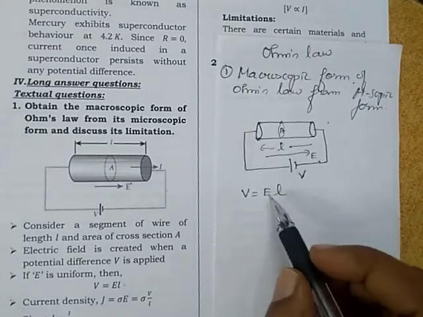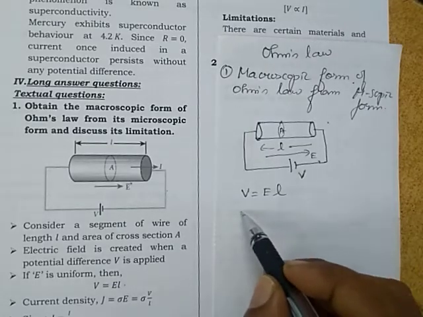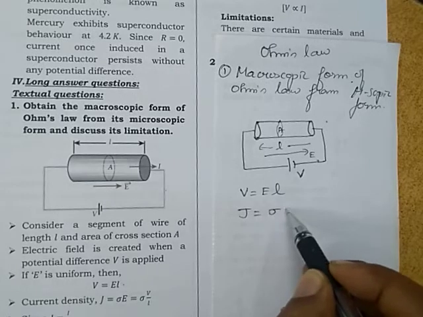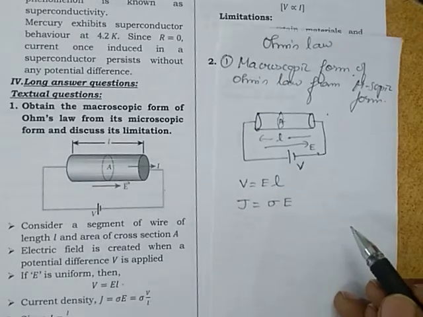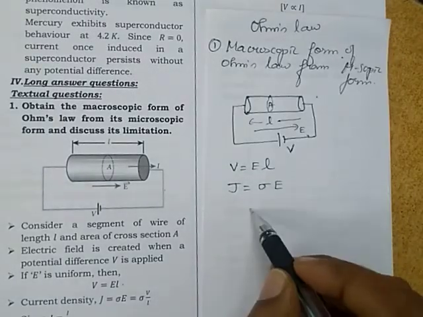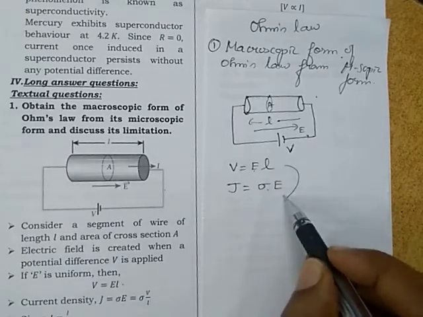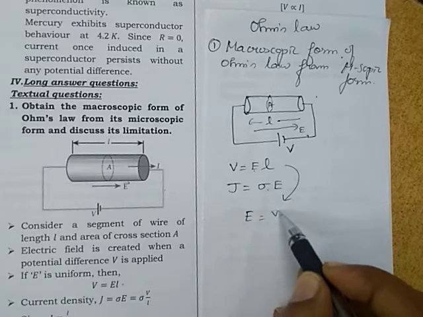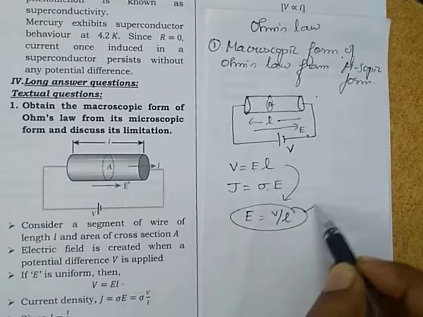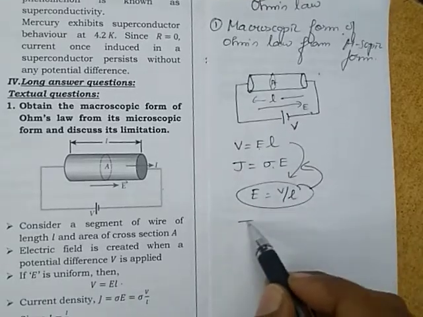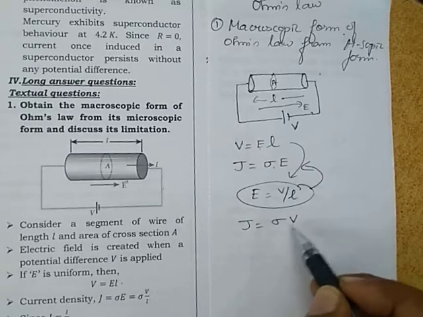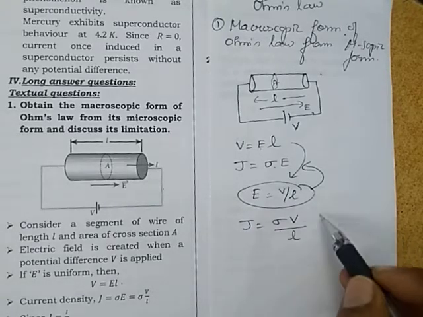We need to find the macroscopic form of Ohm's law from the microscopic form. We know the microscopic form of Ohm's law, that is current density J is equal to sigma E. We can write E is equal to V by L. Substituting in this expression, we get J is equal to sigma V by L. Hold this.